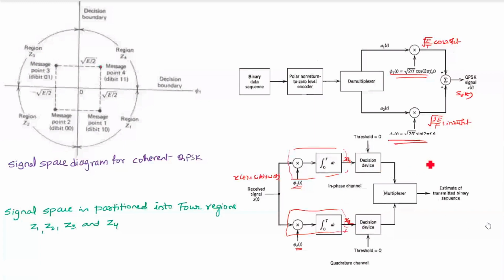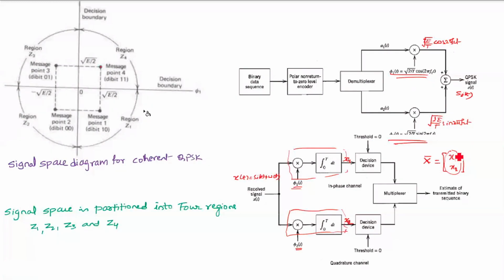Now x1 and x2 can be considered as a vector x, where x1 is a scalar and x2 is also a scalar. Both are random variables.